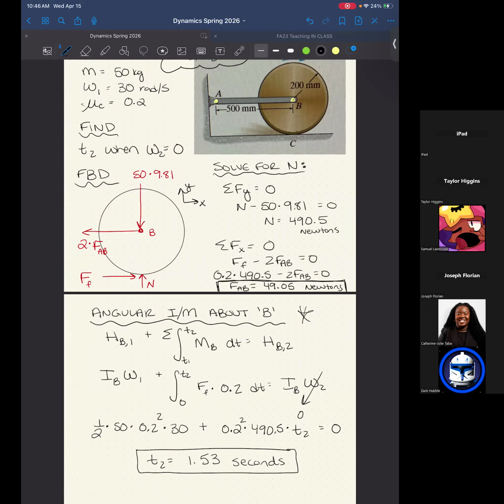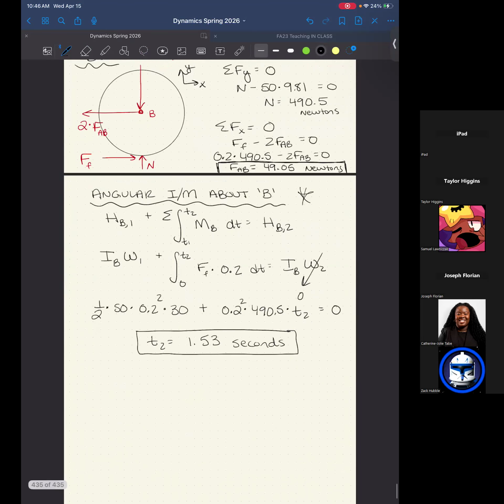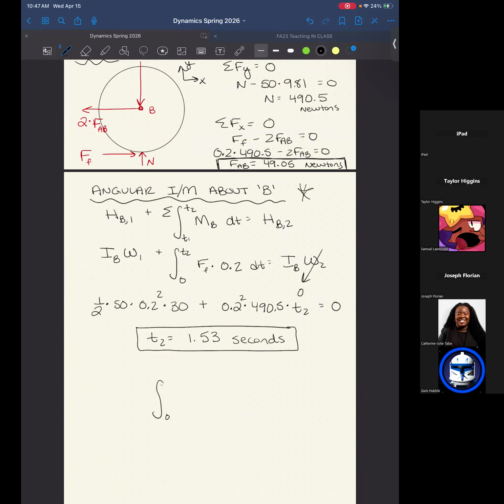Questions? What did your integral look like? It was the integral from 0 to T2 of mu_k N. Friction force is mu_k N. So 0.2 times 490.5 times 0.2 again.